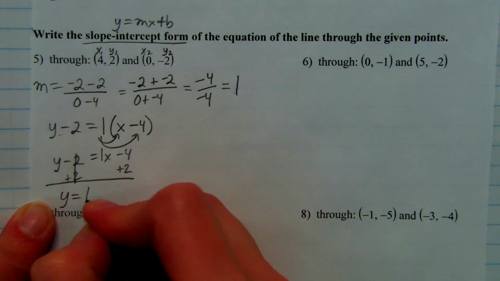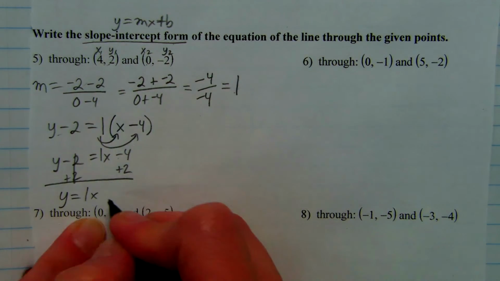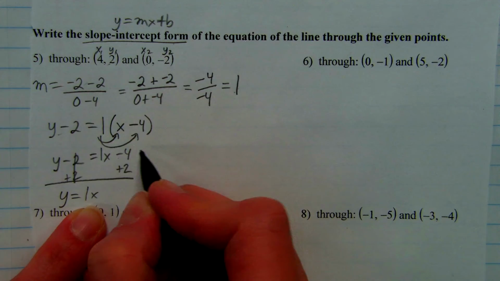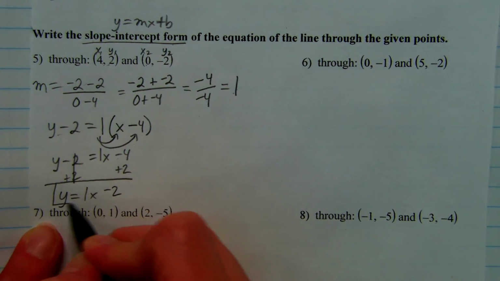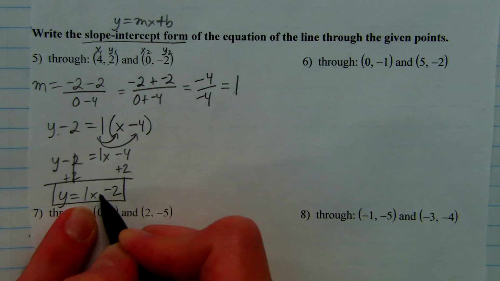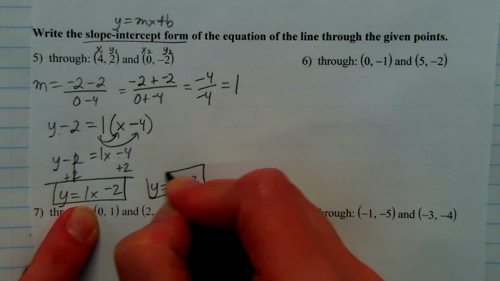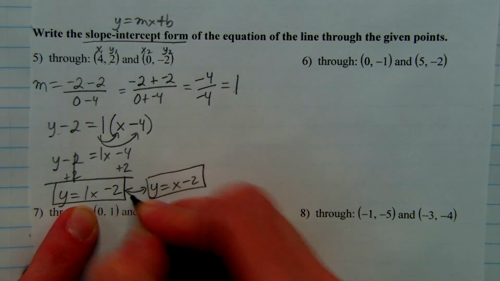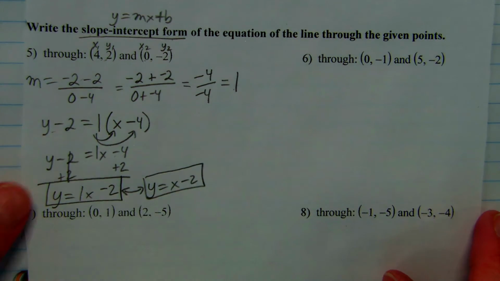So if I have negative 4 and plus 2, what am I going to get? Negative 2. So this is an acceptable answer. Sometimes they'll leave the 1 off the x and they'll just call it y equals x minus 2. Either way, I take it either way, with the 1 or without the 1. They're both correct.